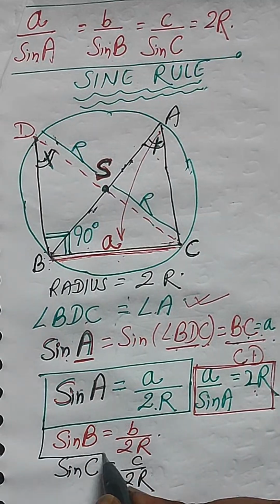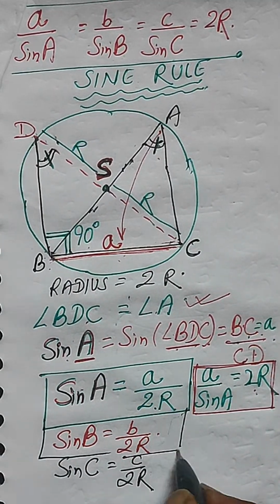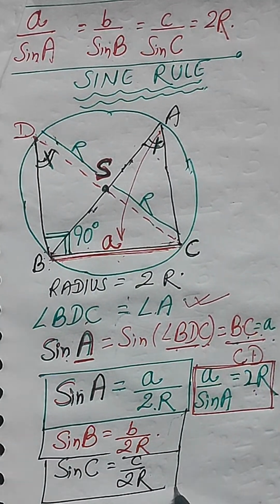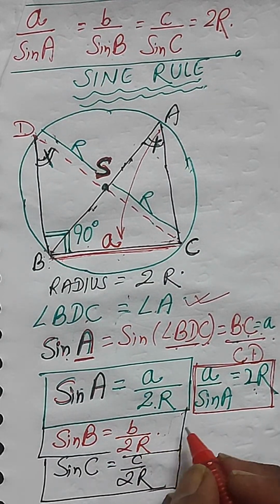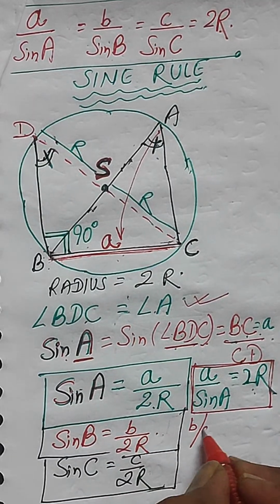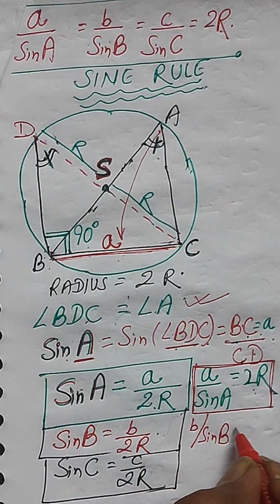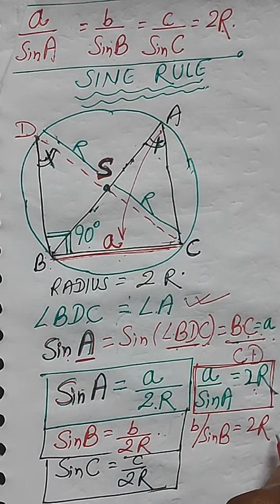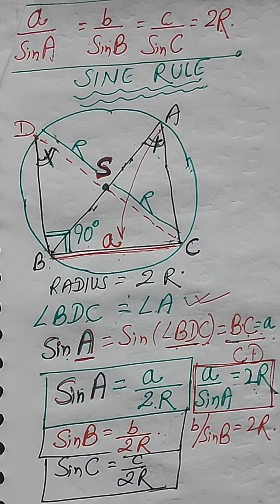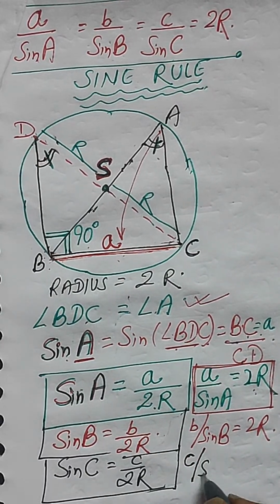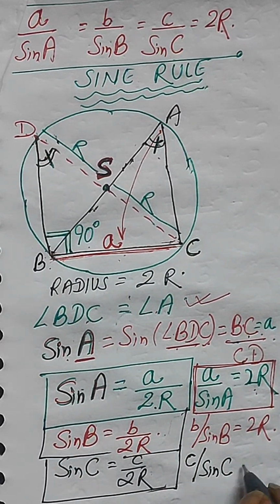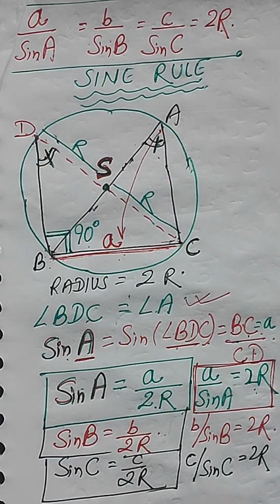So from the second one we can say that b by sine B is equal to 2R, and from the third one we can write c by sine C is equal to 2R.